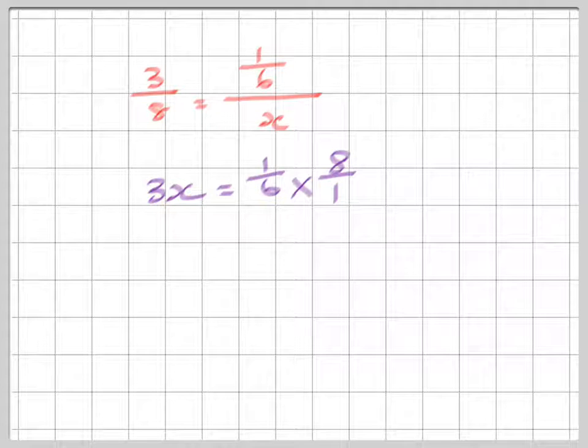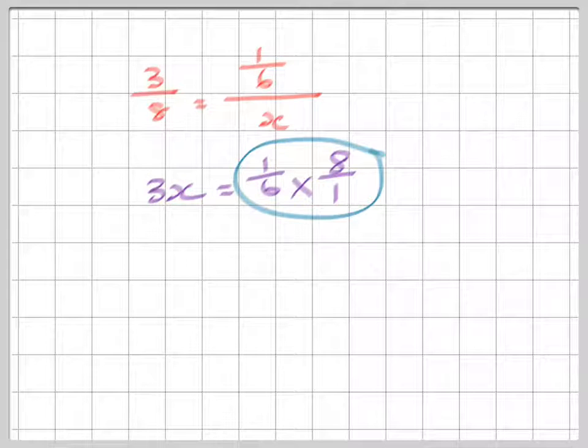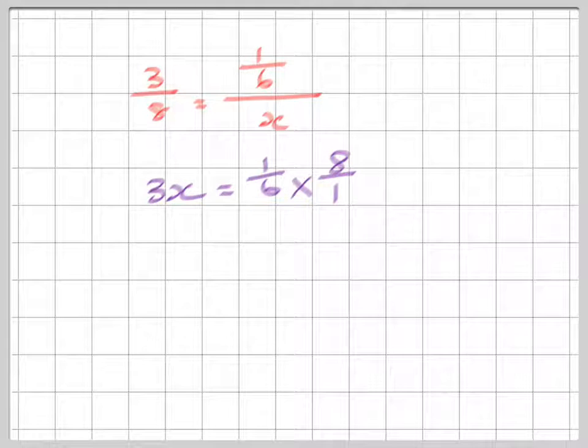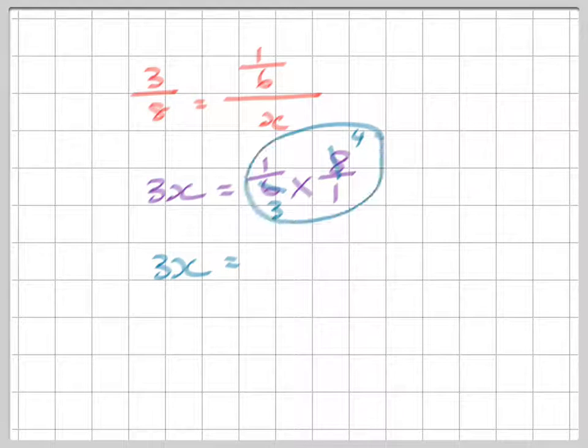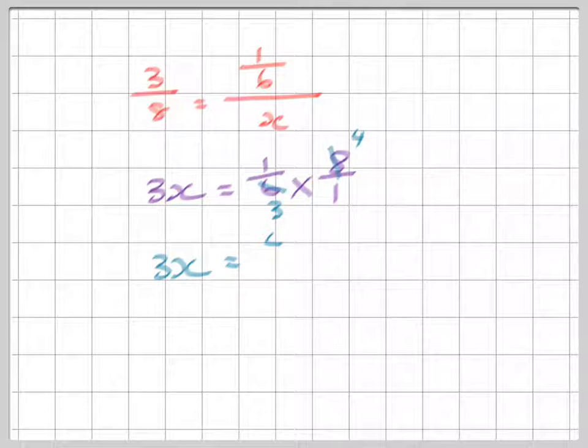Right, so now we can quickly start simplifying the fractions just to make life a bit simpler. We can see that 2 can go into 6 3 times, and 2 can go into 8 4 times. So let's rewrite it as 3x equals what this comes to here, 4 over 3.